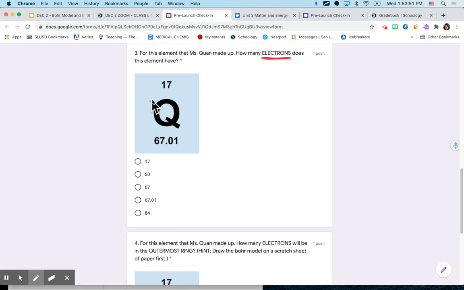So for electrons, you'll notice that it is the same number as protons because we're only dealing with neutral atoms. So this is how many electrons I have, and this is only true if the atom is neutral. And in semester 1, we're only going to work with neutral atoms. In semester 2 or quarter 3 or 4, we're going to talk about what is a neutral atom versus an ion, right?